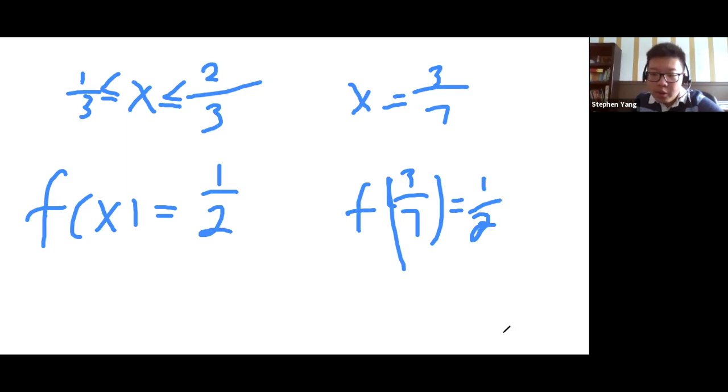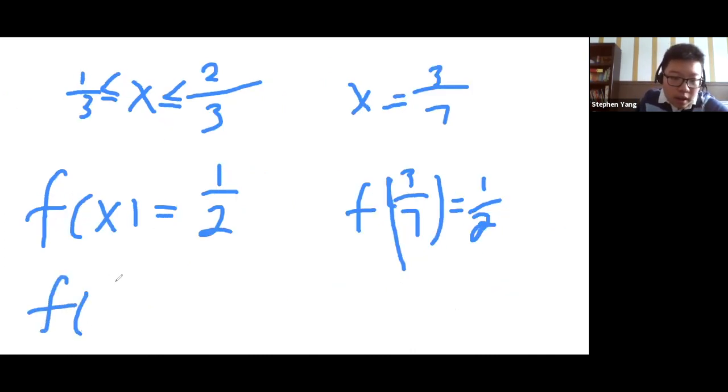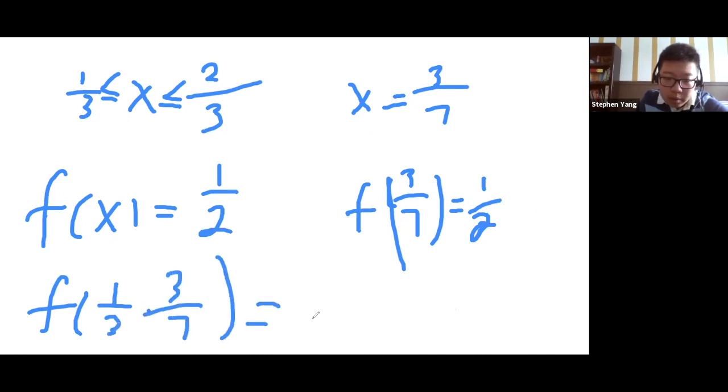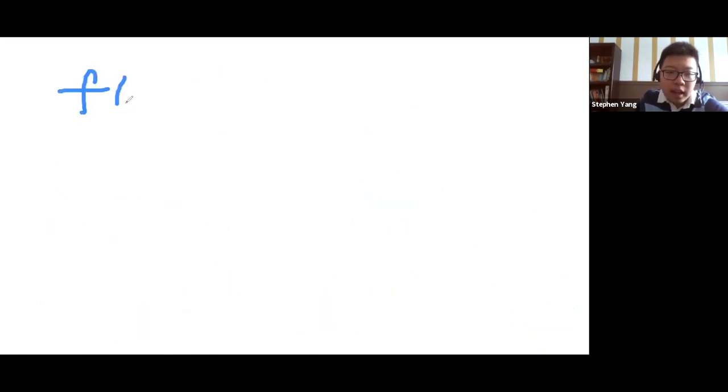Now, use the second rule. f of 1/3 times 3/7 is equal to 1/2 times f of 3/7, which means f of 1/7 is equal to 1/4. Now we know that f of 1/7 is equal to 1/4.